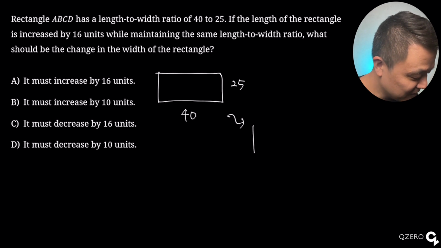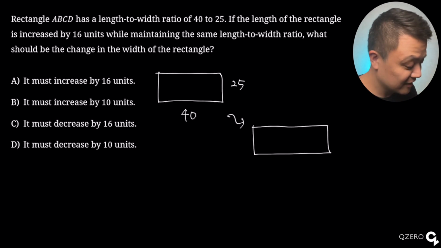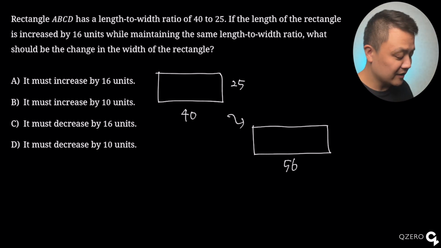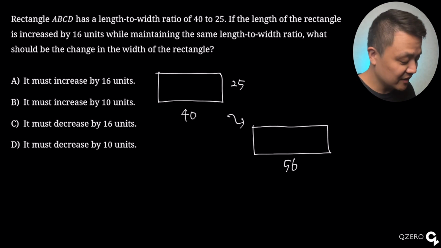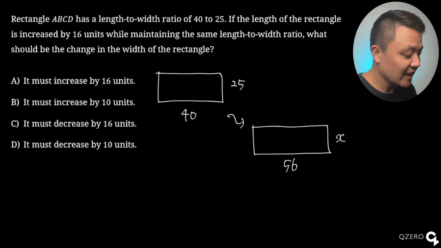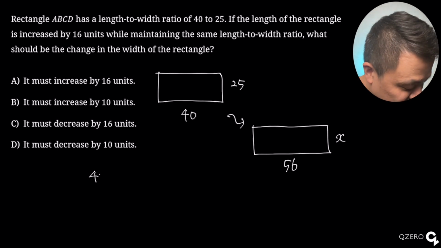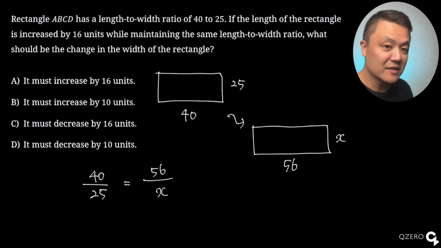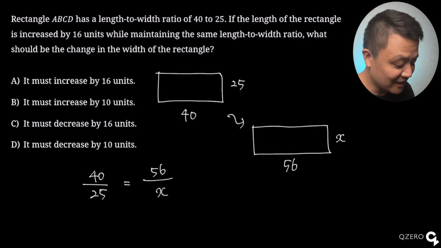Then all you have to do is just make the length 16 units longer. So now the length of the second rectangle is 56, and let's set the width of the second rectangle as x. Then the length to width ratio of the first rectangle and of the second rectangle have to be the same.